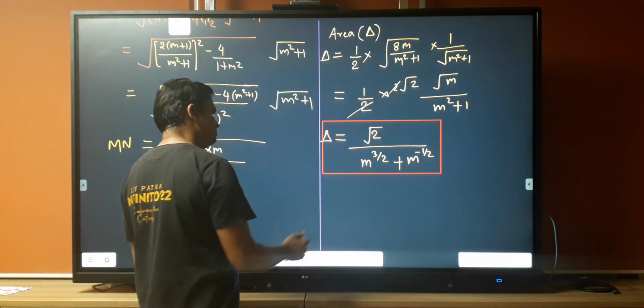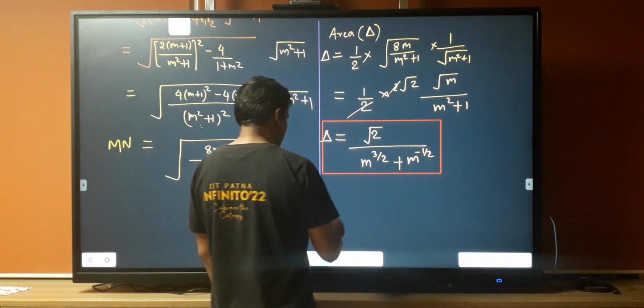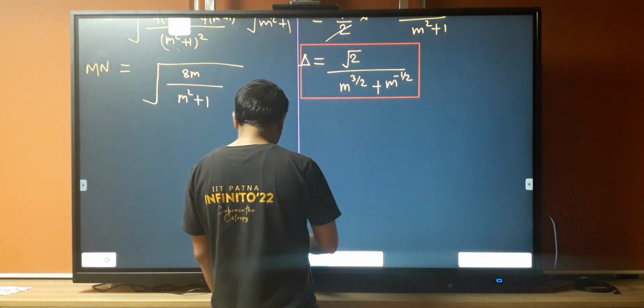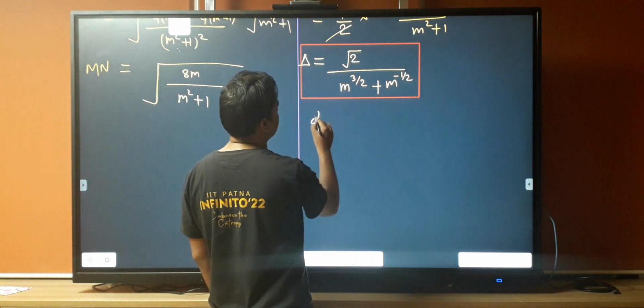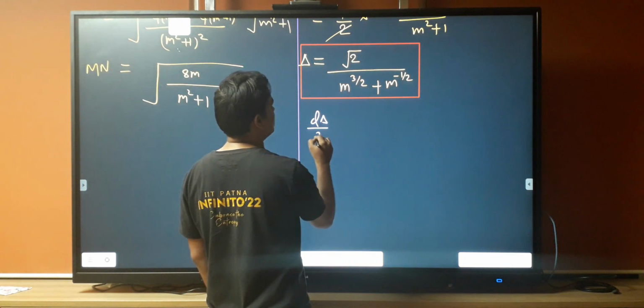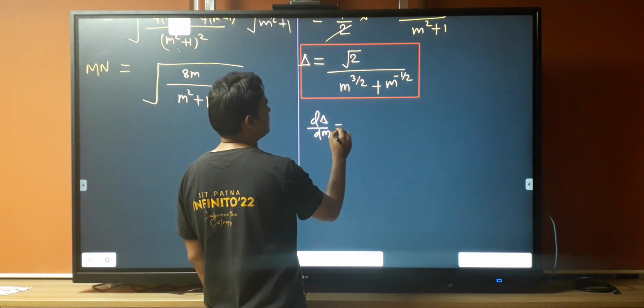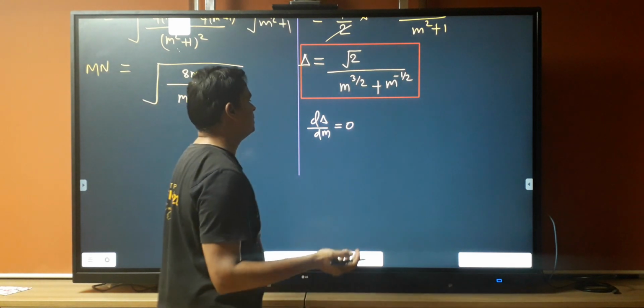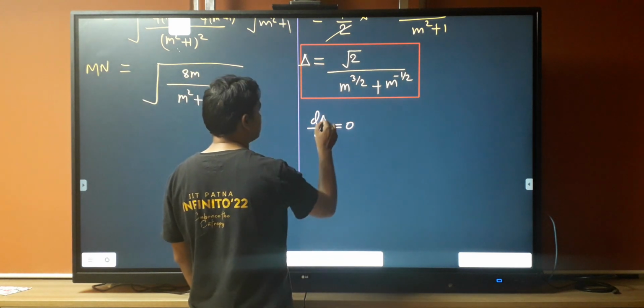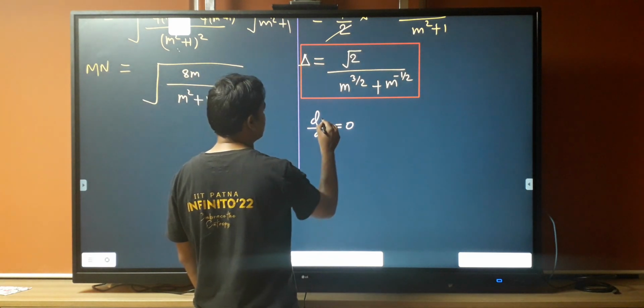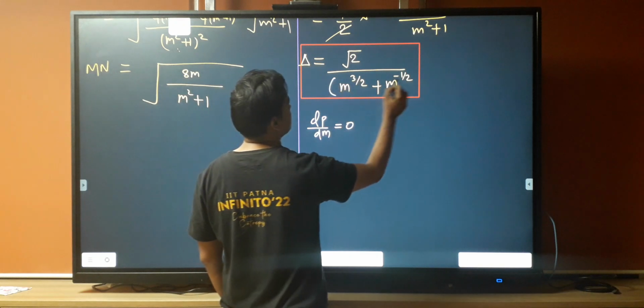So how to minimize the denominator? This is a function of m. For minimizing the denominator, actually I have to minimize the denominator, so let me say that this thing is p.